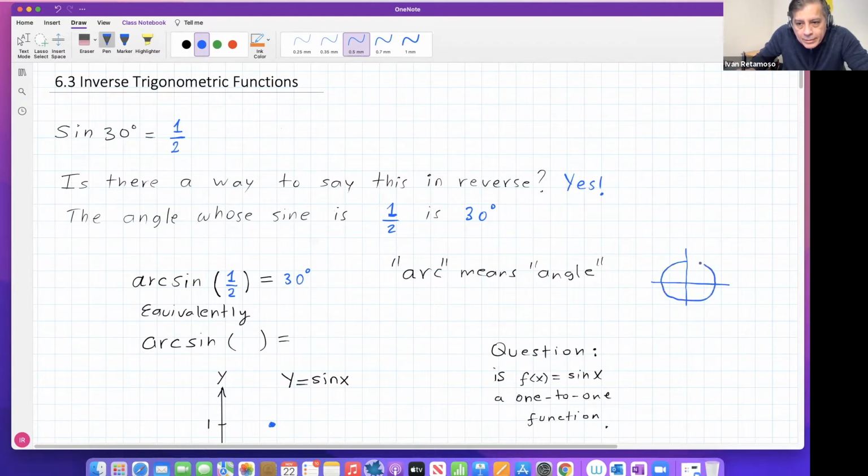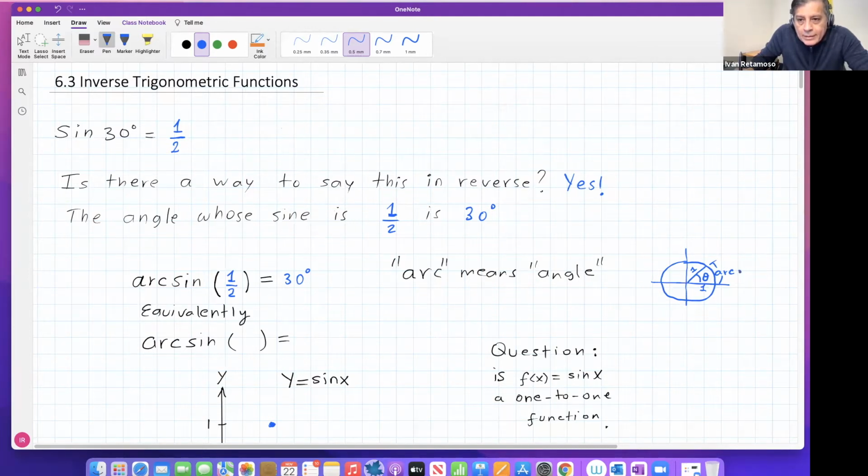When you work in the unit circle, there is a way to put in one-to-one correspondence the angles in radians with the arcs. The arc and the angle, when the radius of the circle is 1, are in one-to-one correspondence because of this formula.